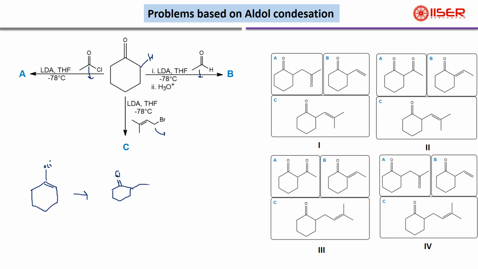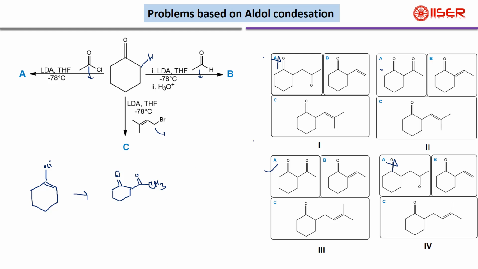So the product will be this diketone type of compound. So the correct option will be this one. So these two are already cut. 1 and 4 are already cut because the correct option is this for A.